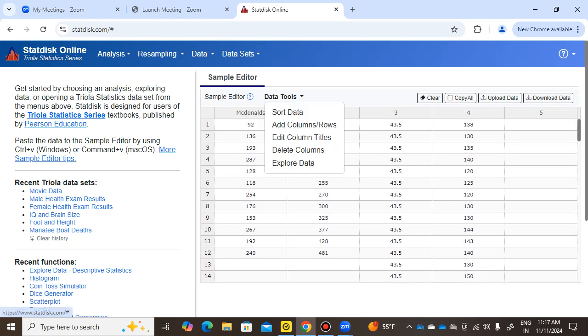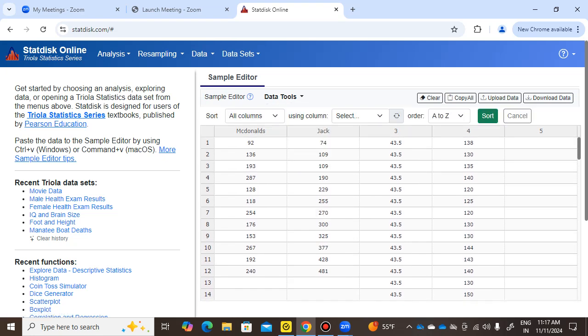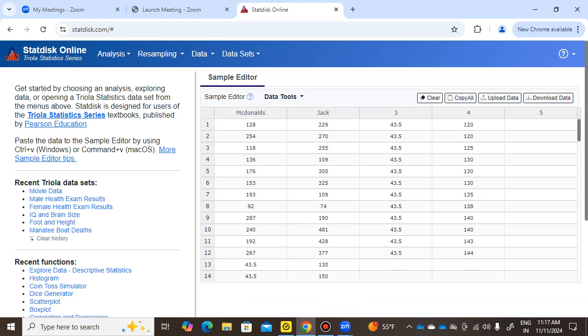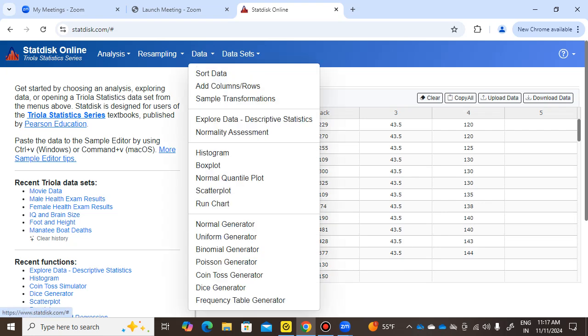Okay, I'm going to sort it first. Sort based on column 4. And we're going to see what the mode is here. 130 3 times. So the mode is equal to 130. And we'll go into the data.